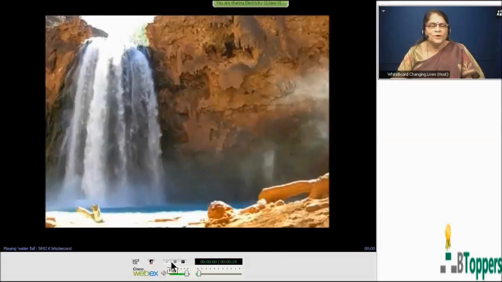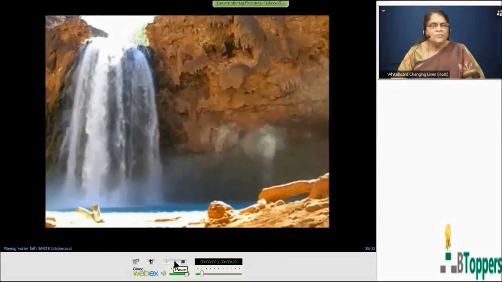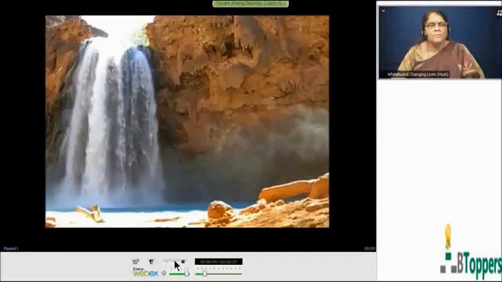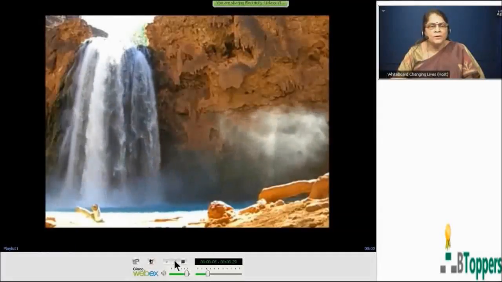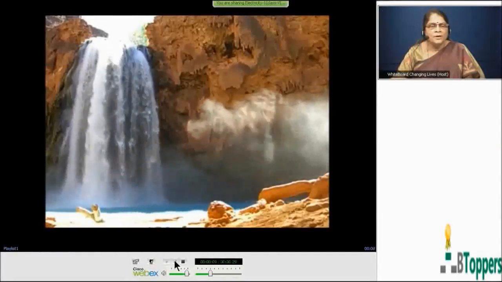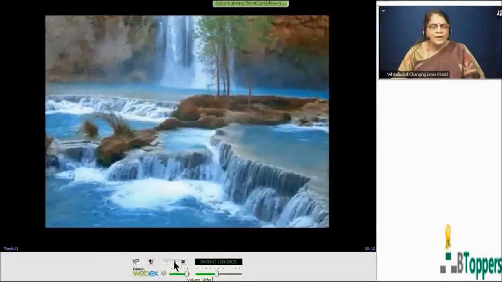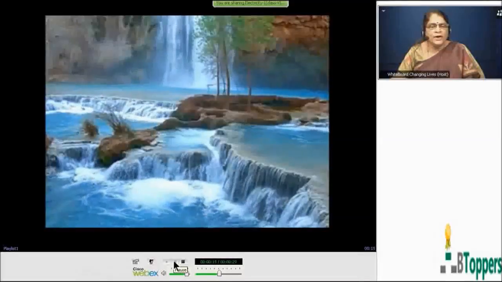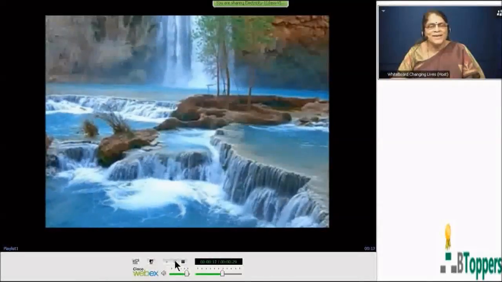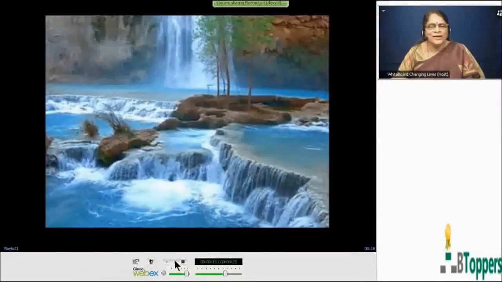We have a waterfall here, and the water is flowing from a mountain down like this. And what do we notice here? Whenever water is flowing, it is flowing from a higher level to a lower level.